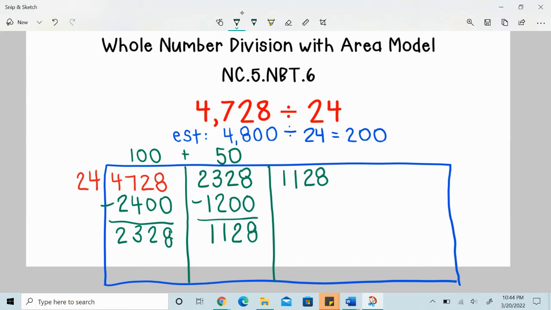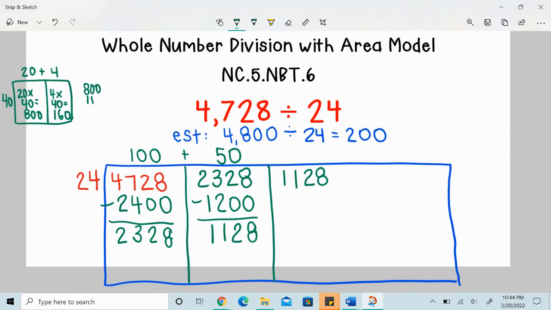So let me see here. Let's do a quick area model for 24 times 40. Well, I know that 20 times 40 is equal to 800. And I know that 4 times 40 is equal to 160.